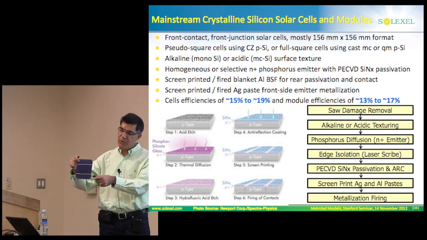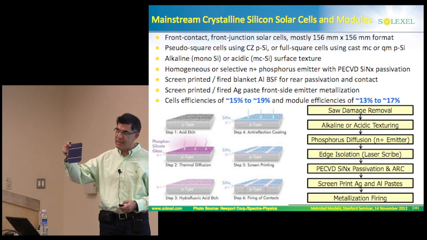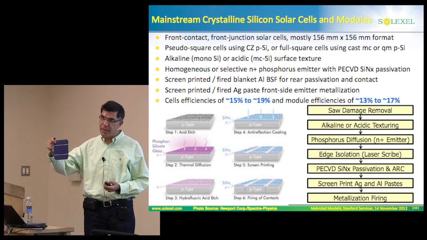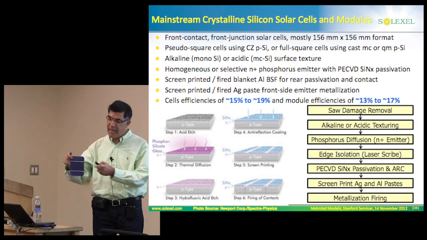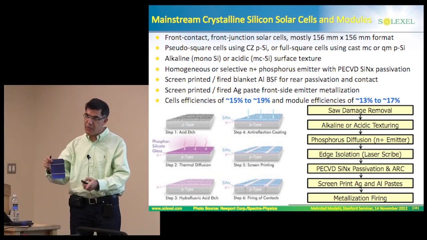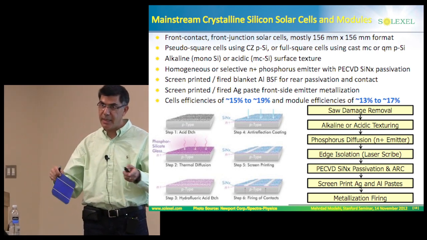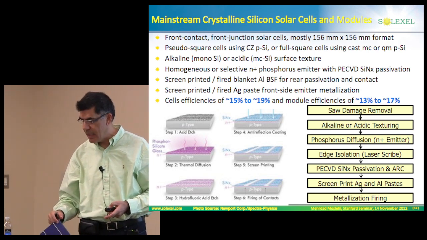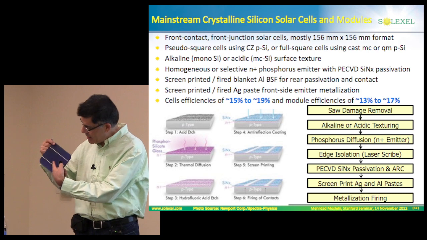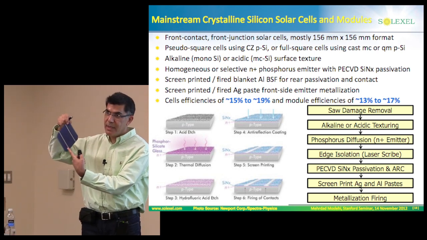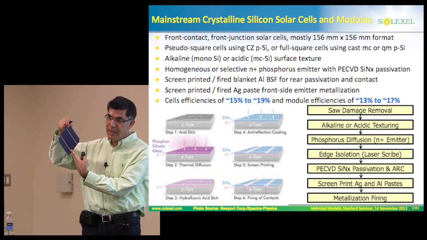Whenever you see the pseudo-square format, that typically means it's a monocrystalline starting wafer, and when it's a square cell, usually it's a multicrystalline cell that comes from cast bricks. The front side is silver, so of course it also causes shading losses.